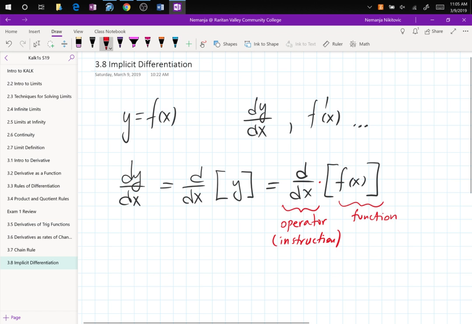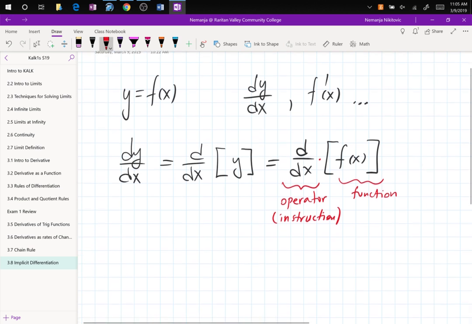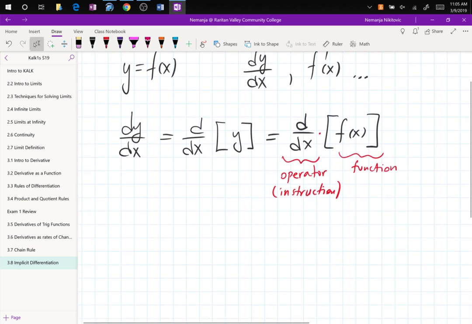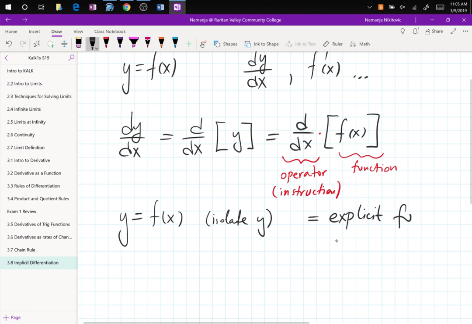The question is, is there a way to differentiate something that is not a function, a relation? And it turns out yes. So, how's that achieved? Well, before we get there, we have to understand that functions that you can express as y equals f of x, where you can isolate y, are called explicit functions.